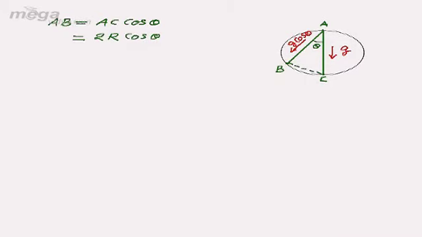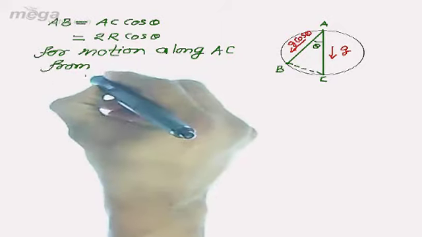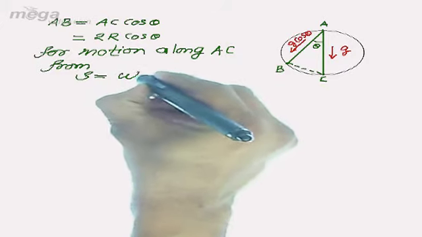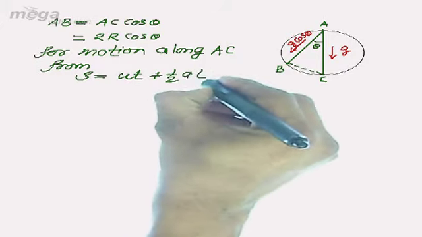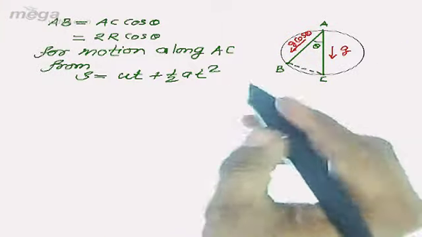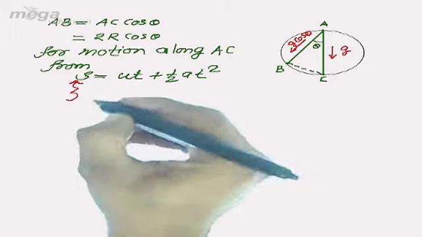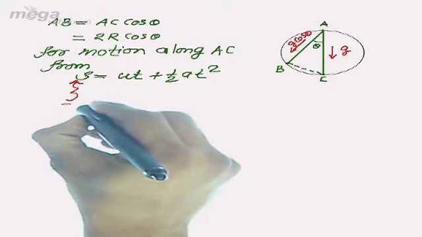If we consider motion along AC, we can use the equation S equal to ut plus half at square. In this equation, for the motion along AC, we can take displacement to be minus 2r.